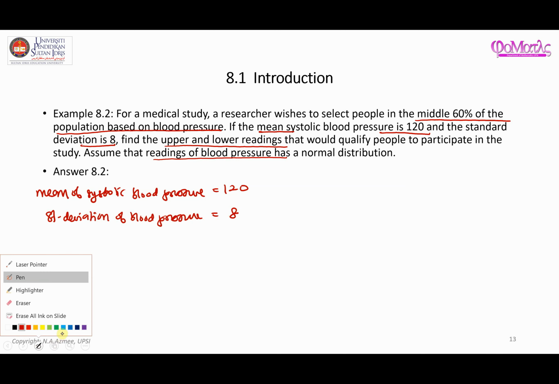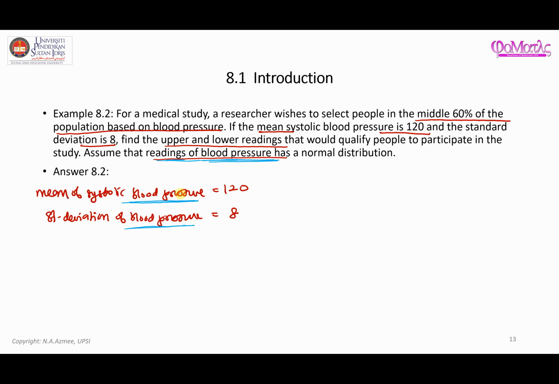So you can see that blood pressure has a normal distribution, the readings here, and therefore we know that the blood pressure reading is x. So here we're talking about x. The mean of x is 120, the standard deviation of x is 8, and x has a normal distribution. So I'm just going to say that x here represents the readings of blood pressure, right? And x has a normal distribution with mean mu and variance sigma squared.